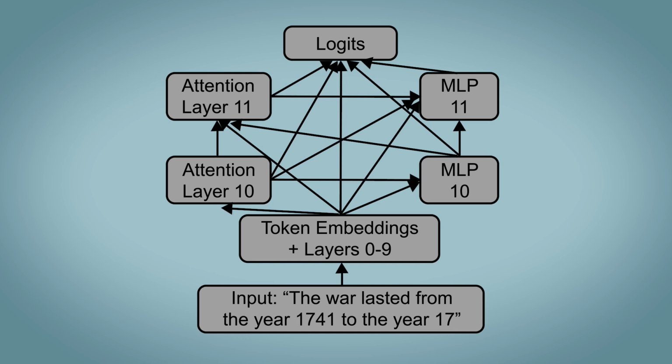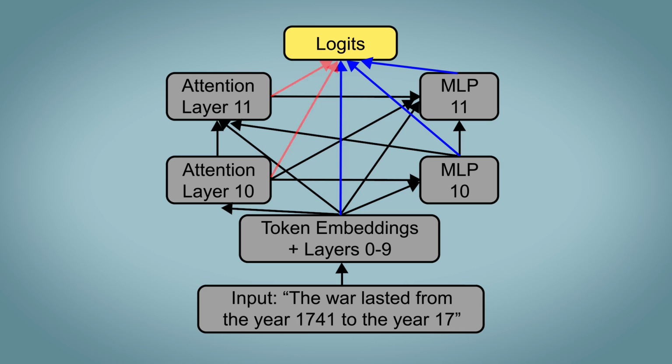Now, we know how to do activation patching on individual nodes and edges, but how can we find a whole circuit? Well, we can actually just iteratively apply activation patching. We'll test every edge, starting from those going into the logits, to see if it is important. In the first step, we see that some of the edges going into the logits, those marked in blue, are important, and others, marked in red, are not.